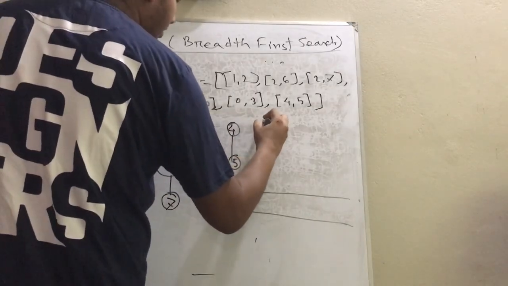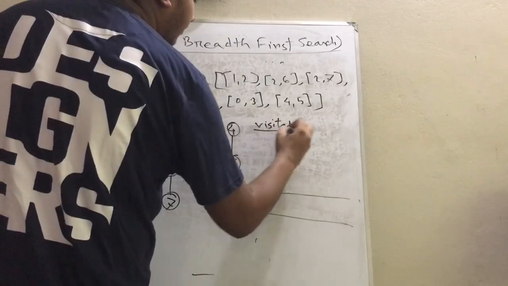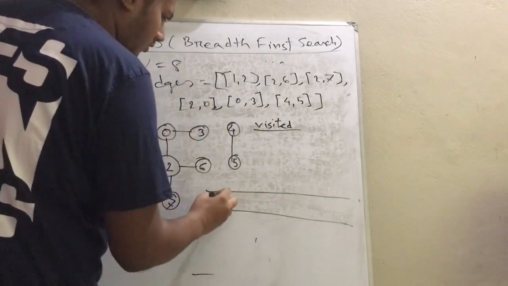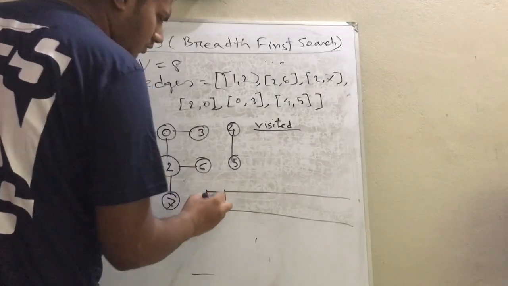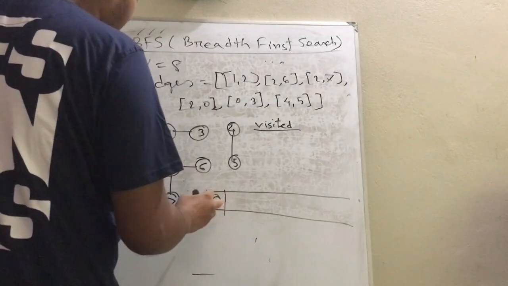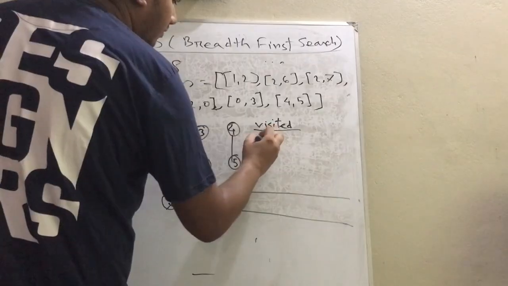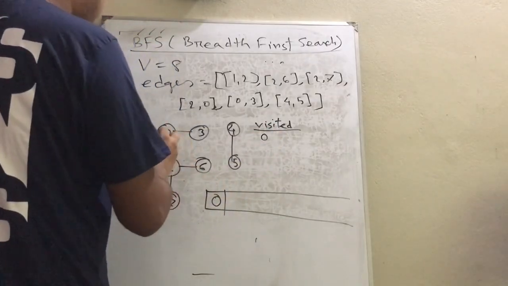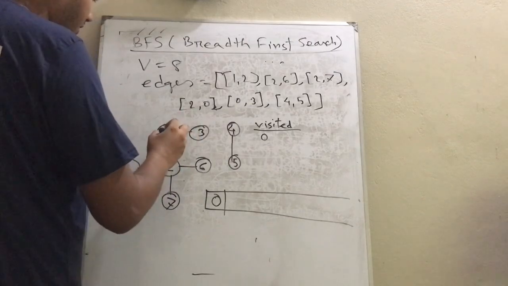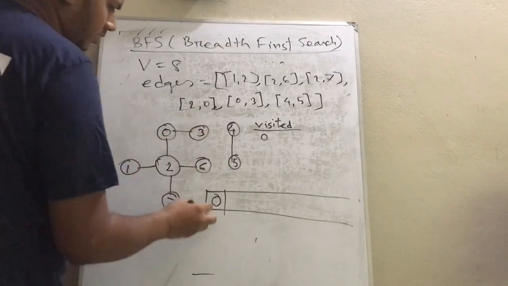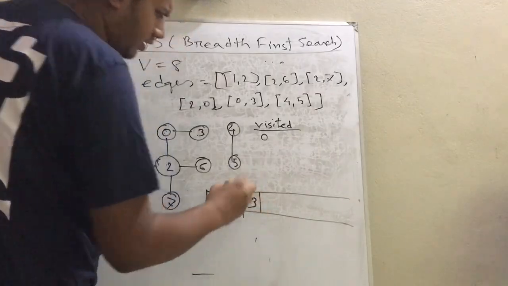And we need a visited list. Let's start with 0. Append 0 to the Q and append 0 to the visited. Now what? Search for all its neighbors, 2 and 3. Append 2, append 3.